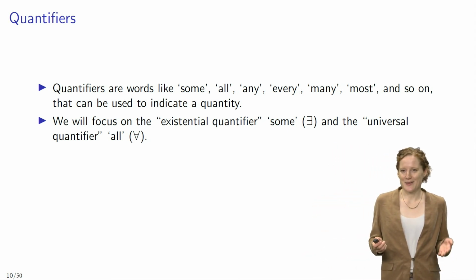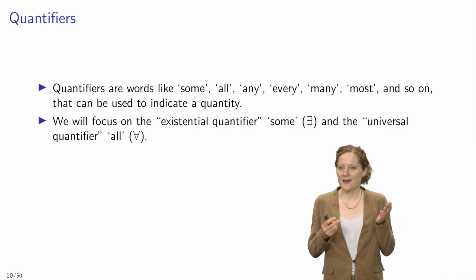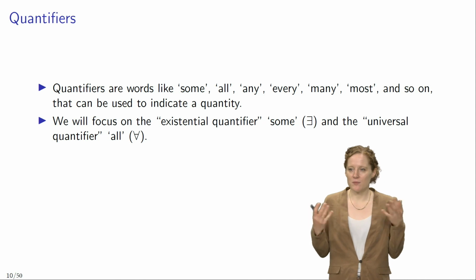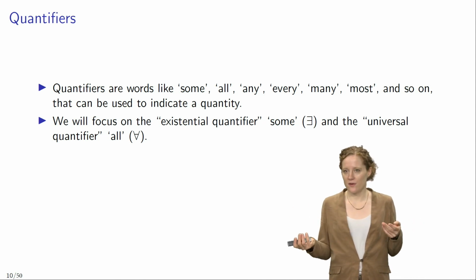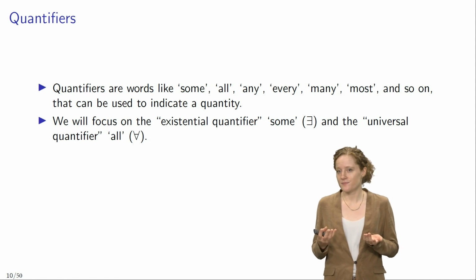Next, let's talk about quantifiers. English quantifiers are words like some, all, any, every, many, most, and so on and so forth, that we can use to indicate a quantity.